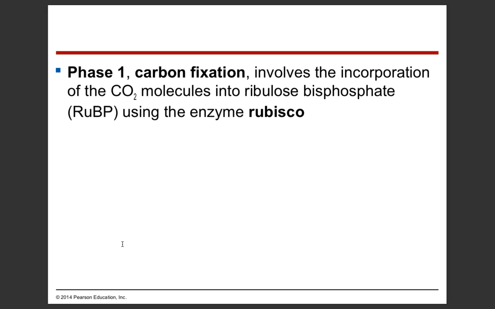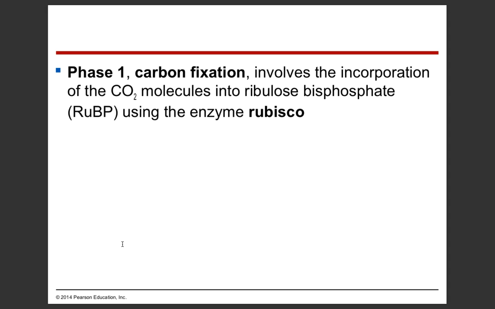Phase 1, carbon fixation. You know this again from our rap song. Again, you're welcome, okay? Carbon fixation involves the incorporation of carbon dioxide molecules into ribulose bisphosphate. This is why we use acronyms, because no one wants to say that. Ribulose bisphosphate means like two phosphates.